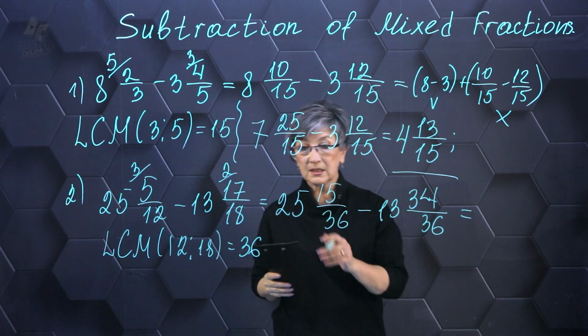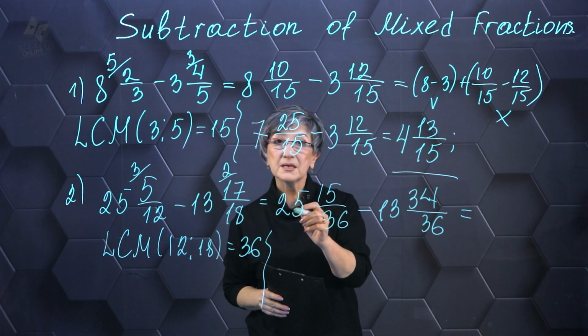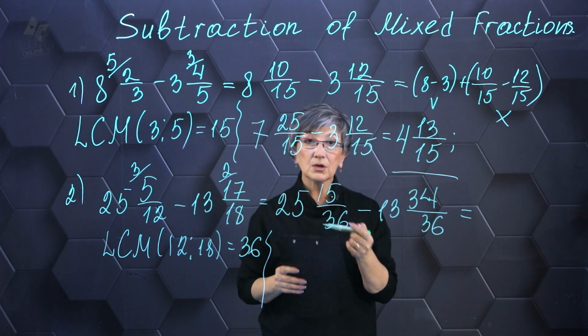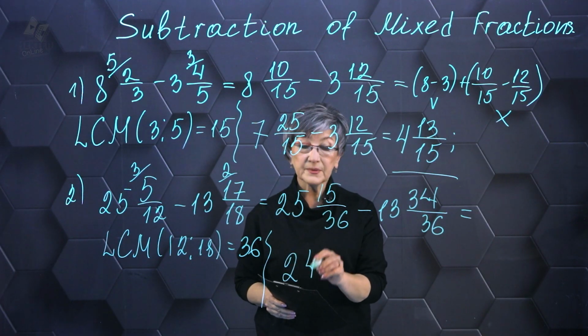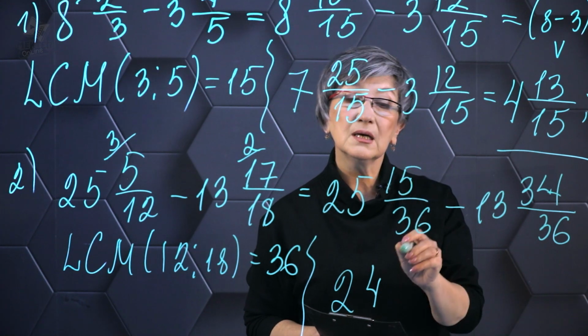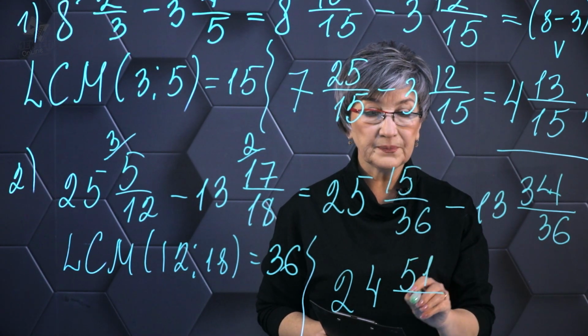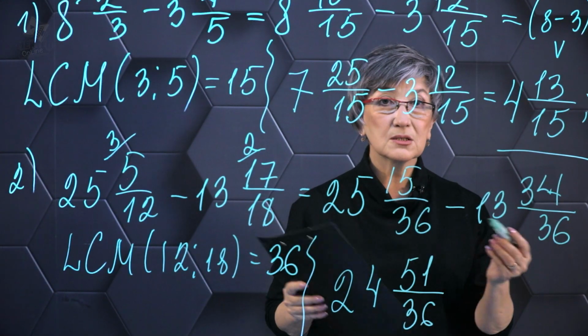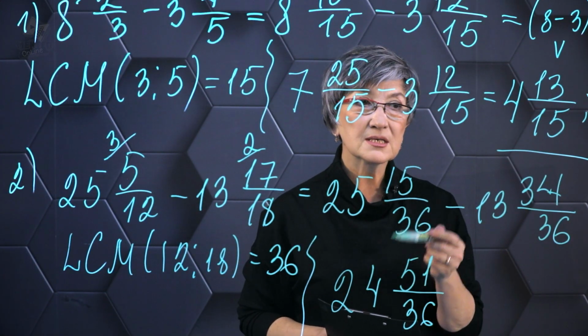So I'm going back. From 25, take away one whole part. How much does that work out to be? 24. Add 15 to 36, 36 plus 15 is 51. And the denominator is 36. That's the most important part of doing this subtraction.